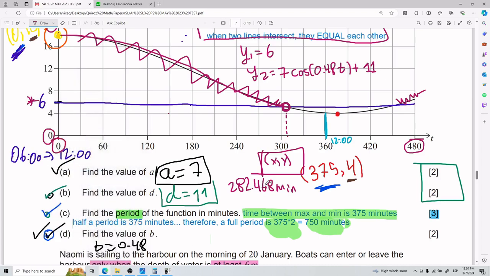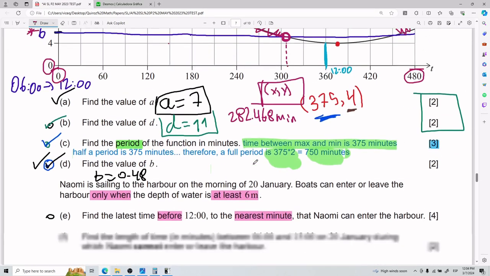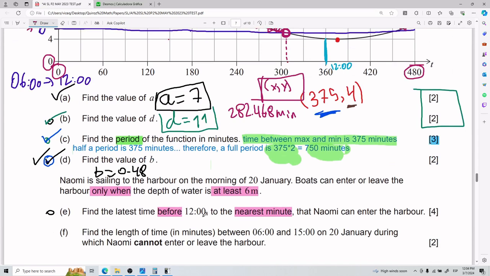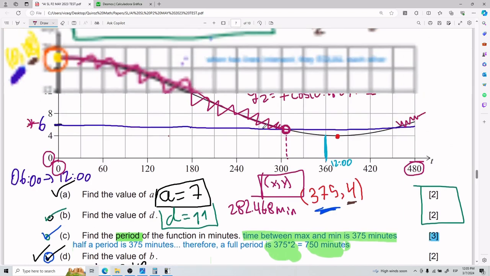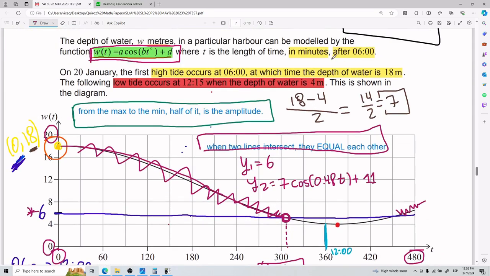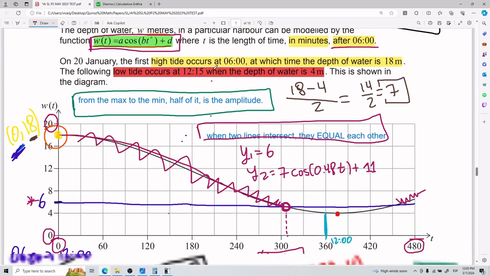So from there, backwards, is the time that Naomi can enter the harbor. See? Now, 282.468 minutes is how much after 6?